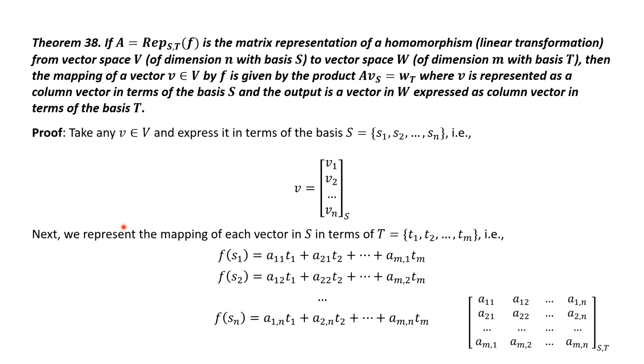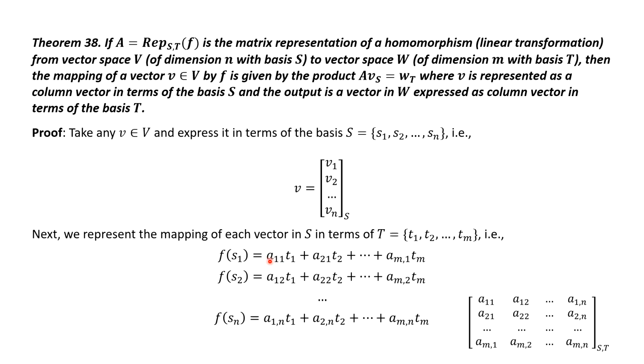Next, we represent the mapping of each vector in S in terms of T, the basis for W. So there's m terms here. So f of s1 is this linear combination. This is just notation. f of s2 all the way down to f of sn.